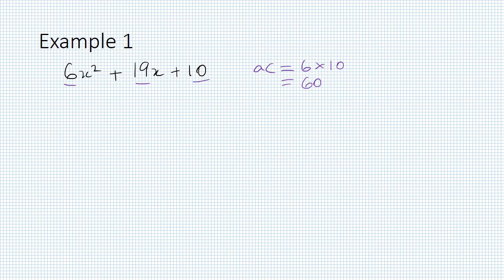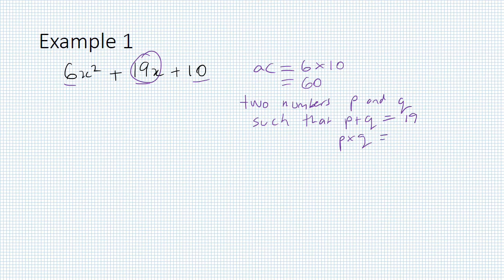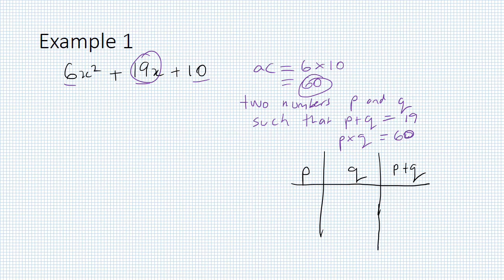So what we want is two numbers or two factors, p and q, such that p plus q equals 19, so this number here, and p times q equals 60. Alright, so let's draw a little table: p, q, and p plus q.